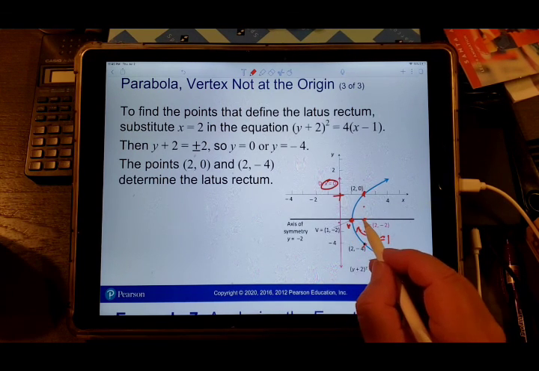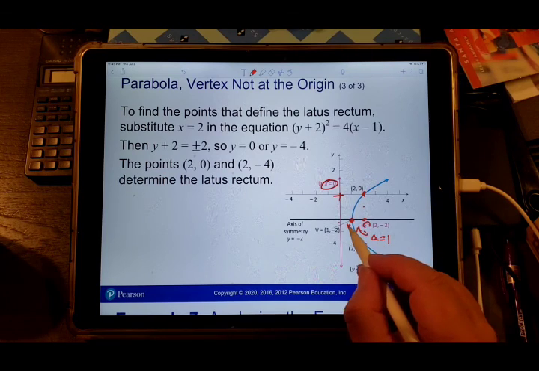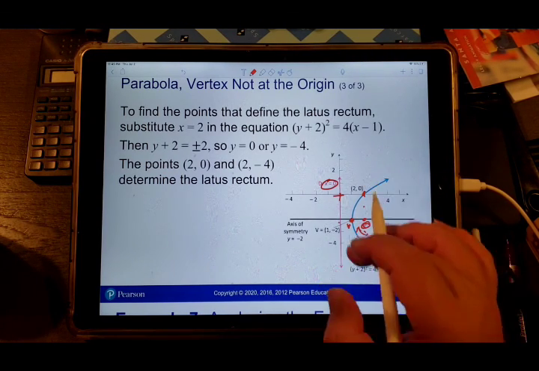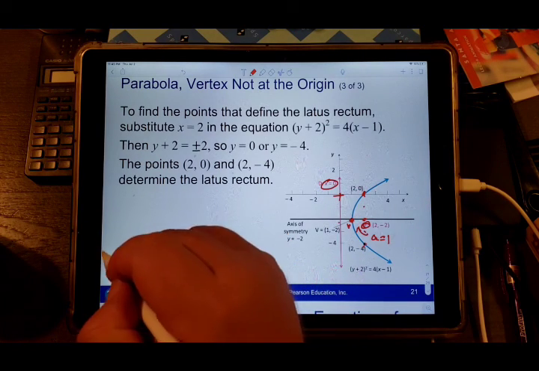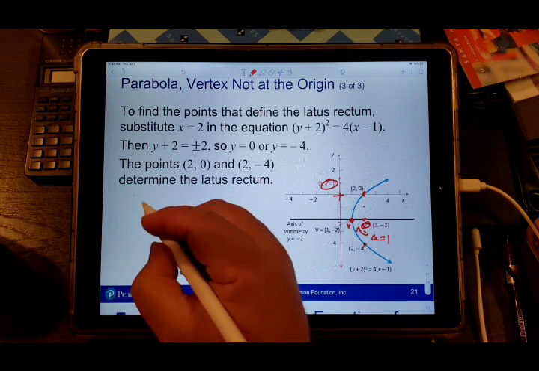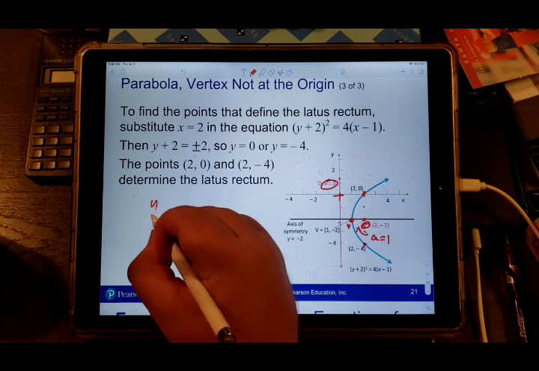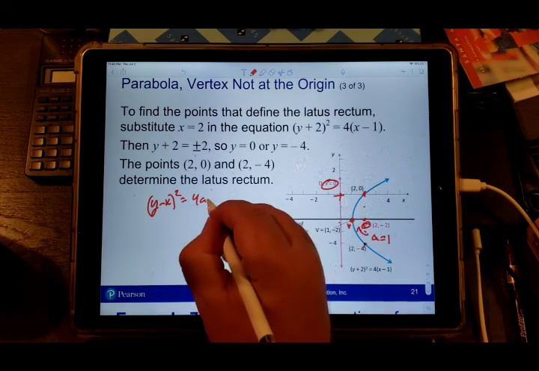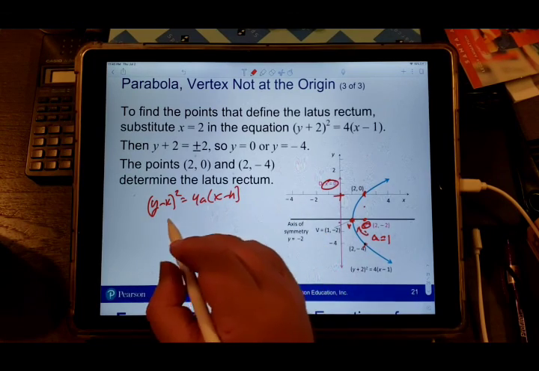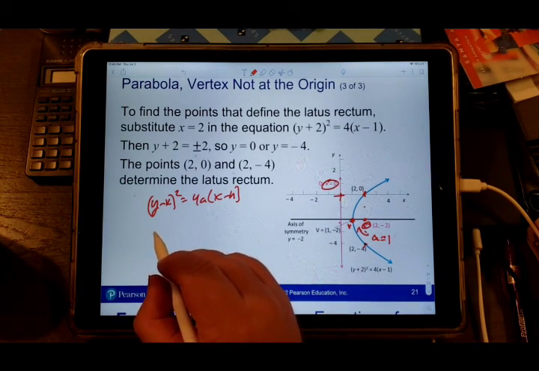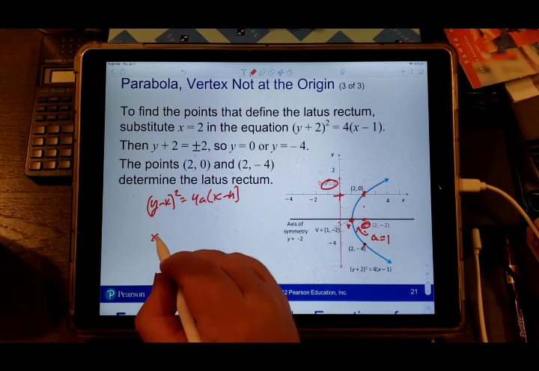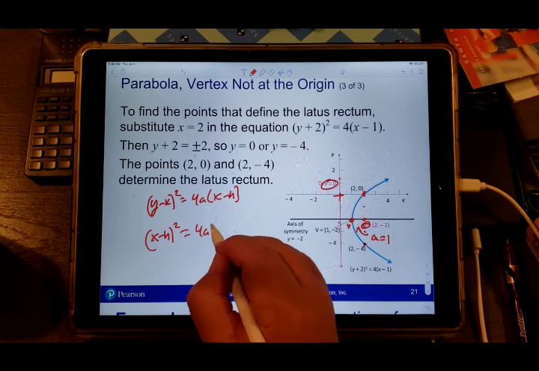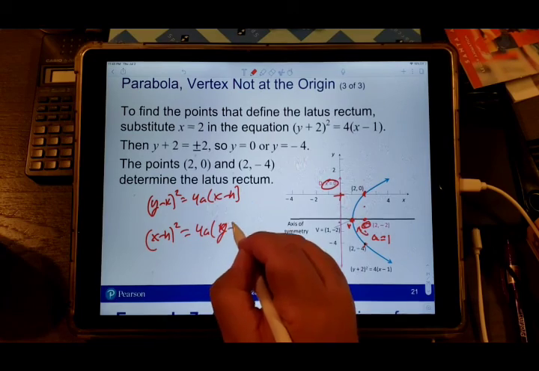When they gave me the focus and the vertex, that instantly gave me the correct formula to use. It's y minus k squared equals 4a times x minus h, as opposed to, for example, x minus h squared equals 4a times y minus k.